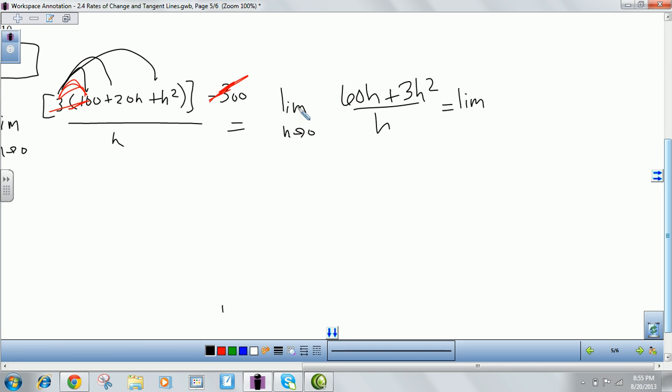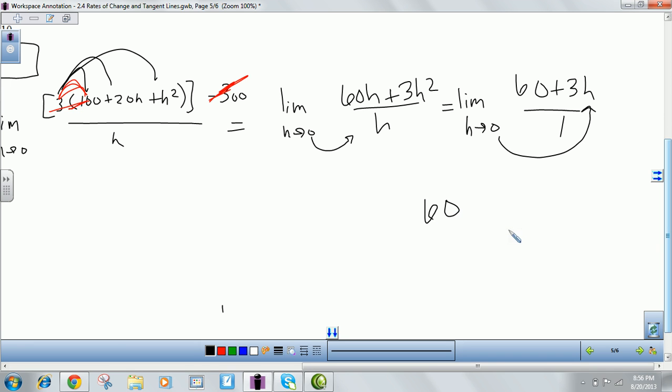The whole idea to find the limit of a function is to plug 0 in for h, but you can't because you'd have 0 on the bottom. But now, since everything has an h, it would just be 60 plus 3h over 1. Now I can go ahead and plug 0 in for h, and so your answer would just be 60.